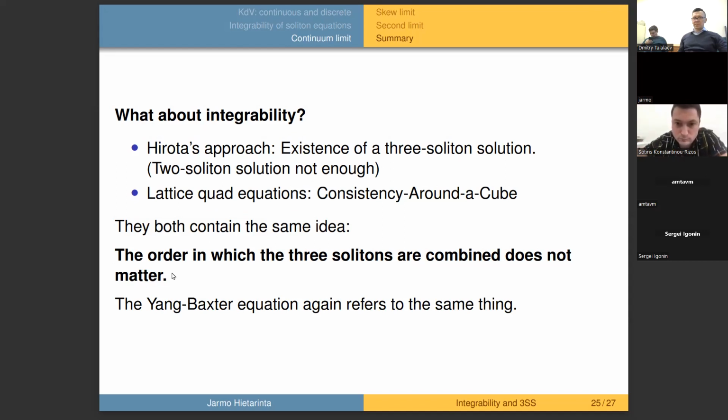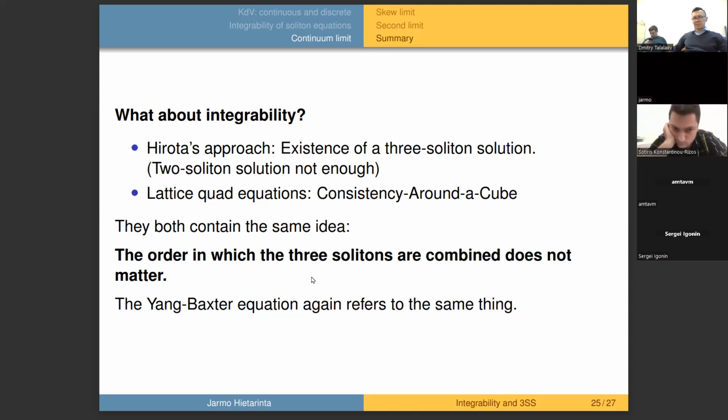Everybody has been drawing these three lines, and they tell that you can have scattering first 1, 2, then 1, 3, then 2, 3, or you can have first 2, 3, then 1, 3, then 1, 2 scattering, and the result is the same. That's a statement of the Yang-Baxter equation. Of course, the Yang-Baxter equation addresses a completely different situation, but I think maybe the Yang-Baxter maps are also related to this.